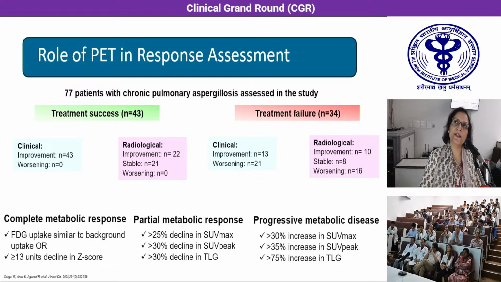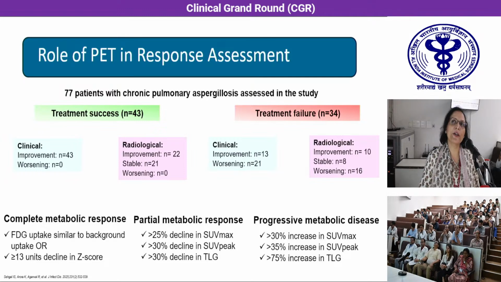Another entity that on radiology and nuclear medicine helps in response assessment has been evaluated in the recent past. So 77 patients with chronic pulmonary aspergillosis were studied in this case. This was a study published from PGI Chandigarh, where of 77 patients, 43 patients were deemed as treatment success and 34 were deemed as treatment failure.